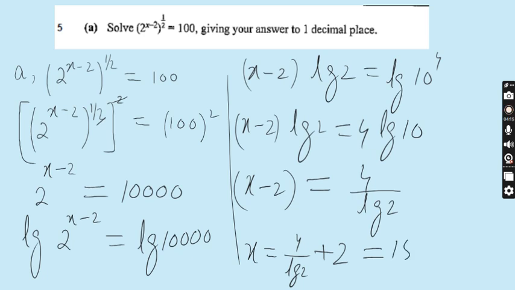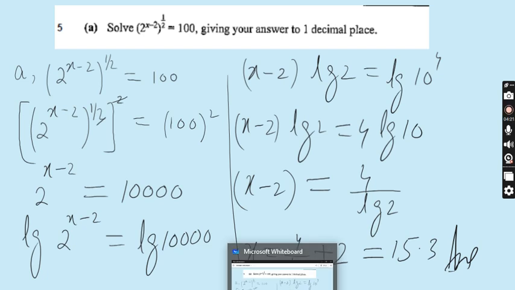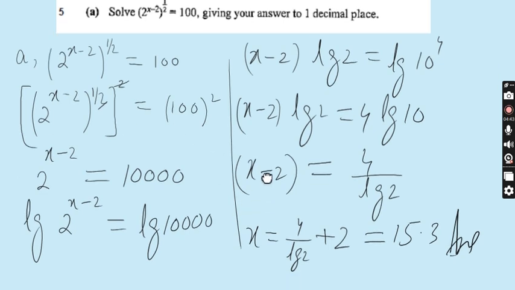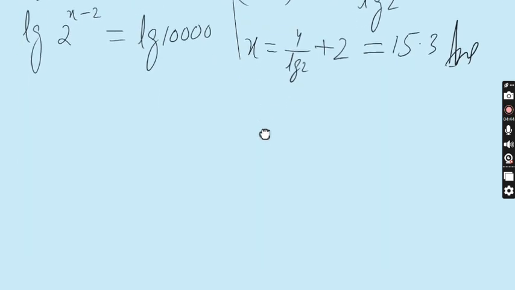Use your calculator to find 4 over log 2 plus 2, which is equals to 15.3. This is the requirement of the question: giving your answer to one decimal place.